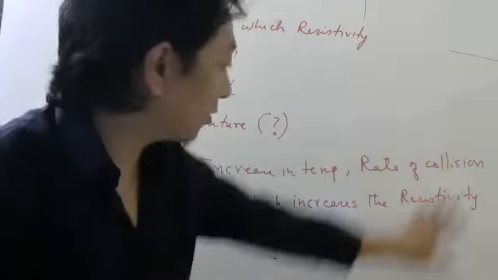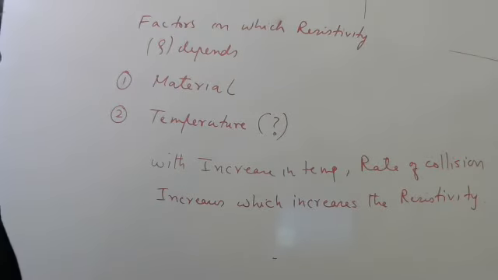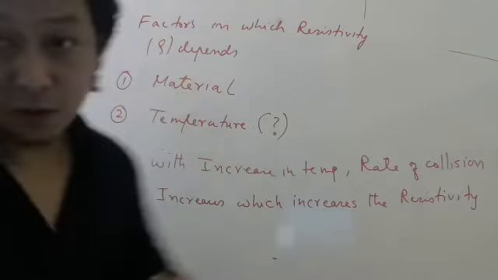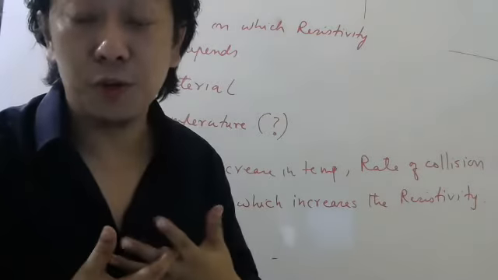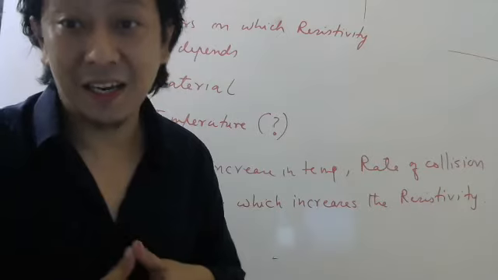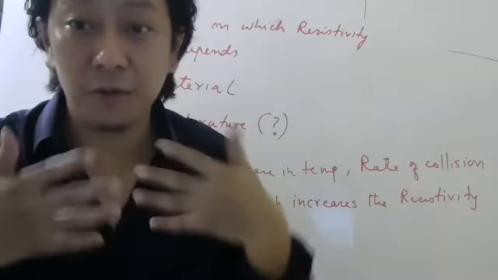Okay, students, so keep this concept in your mind. Factors on which resistivity depends: material. Some material obviously will contribute more electrons, some material will contribute less electrons, some material will be able to vibrate more, some will be able to vibrate less.